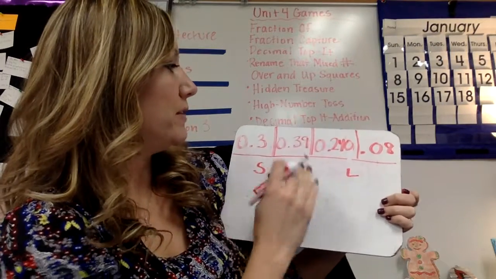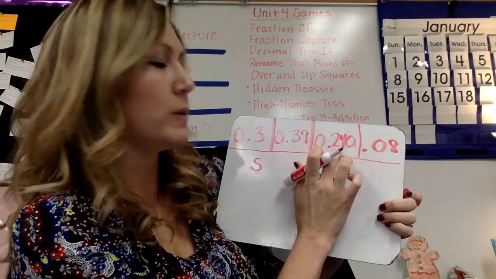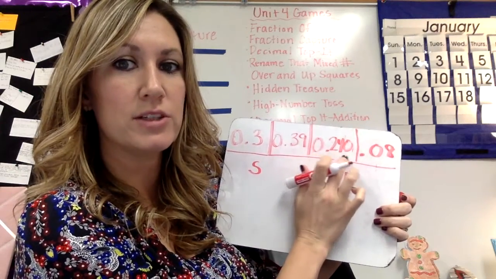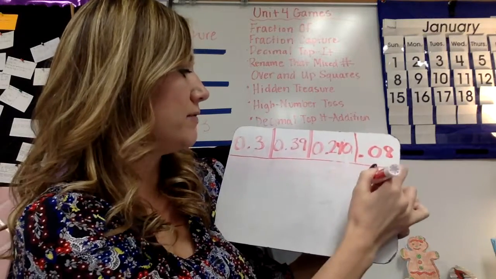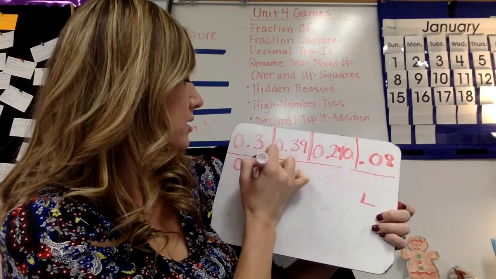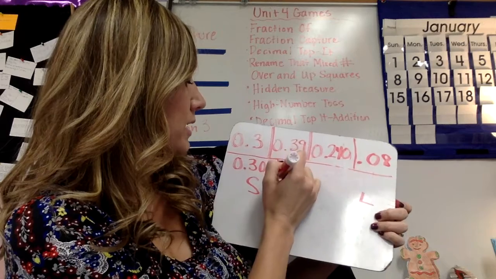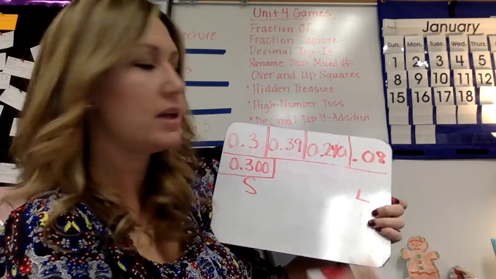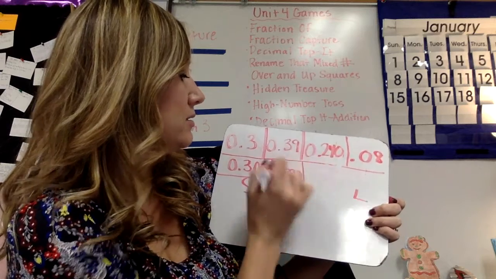If you're thinking about all these numbers separately, the most digits we have after our decimal is 1, 2, 3 places. So I want to change all of these decimals so they have 3 digits after the decimal. So this will now become 300 thousandths. This will now become 390 thousandths.